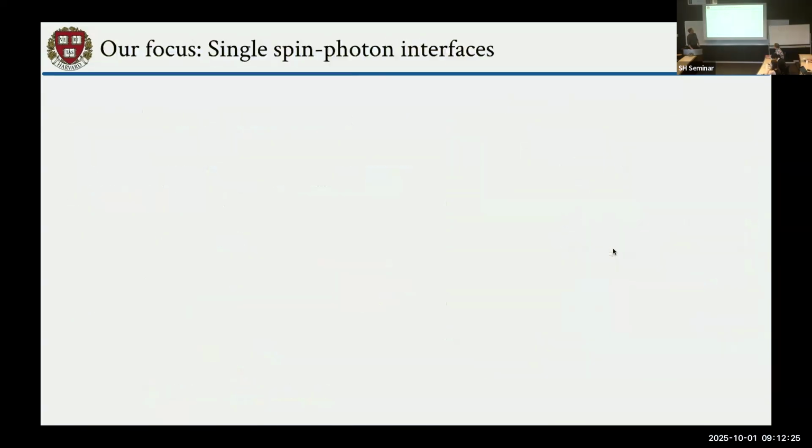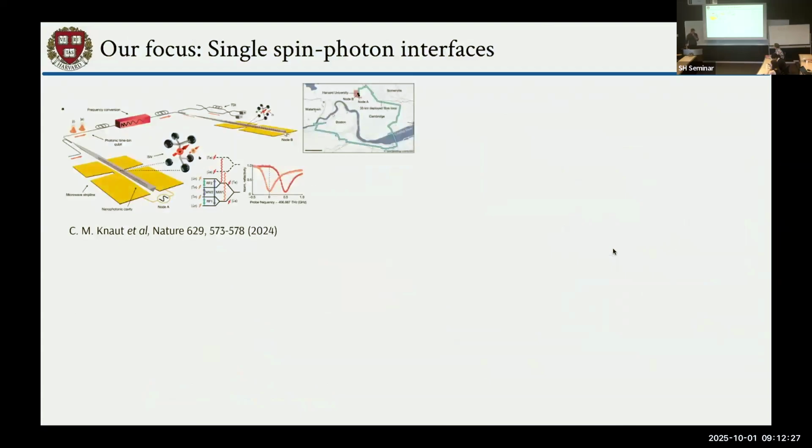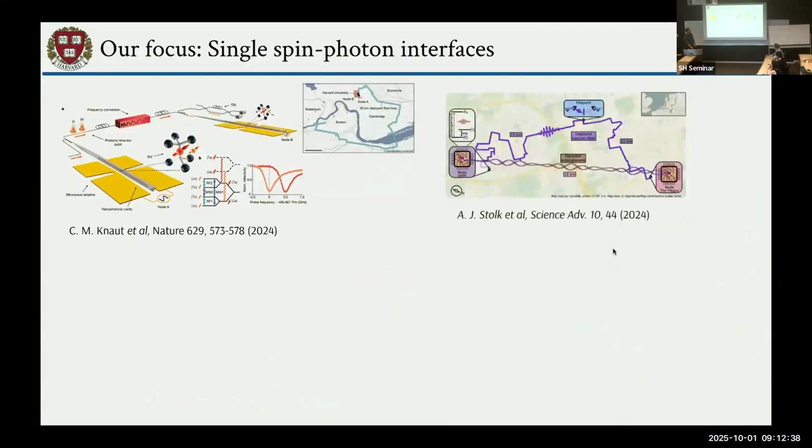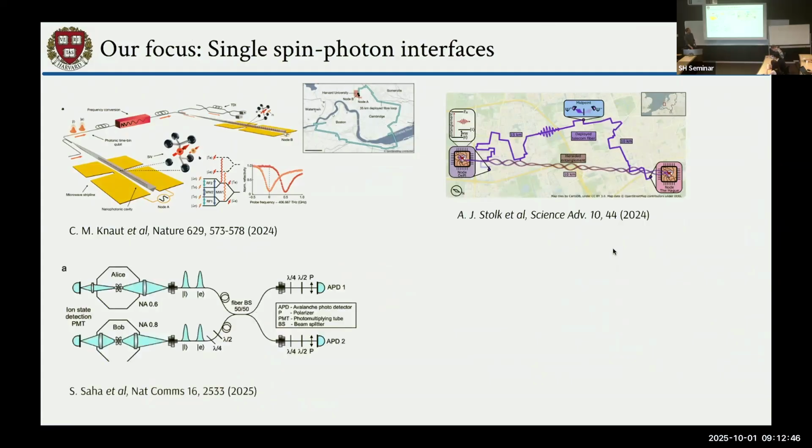Okay, so just to motivate a little bit why I'm going to focus on single spins. It is something where we've seen some quite remarkable progress recently. There have been results from the Lukin group at Harvard. There are results from the Delft group, Ronald Hanson, on entanglement distribution. There's Chris Monroe with ions.